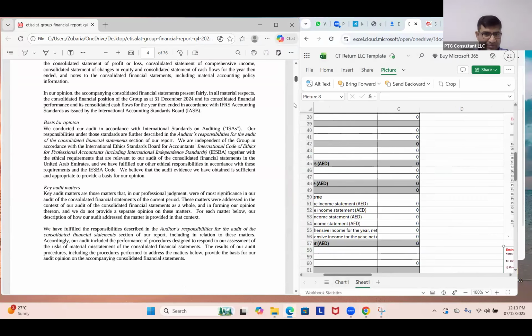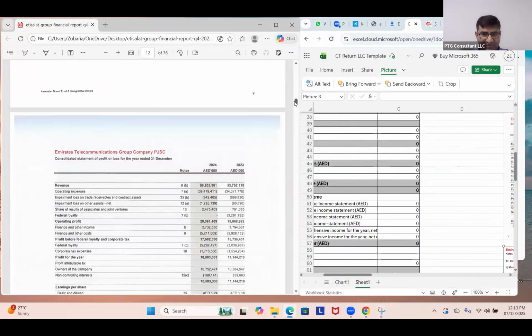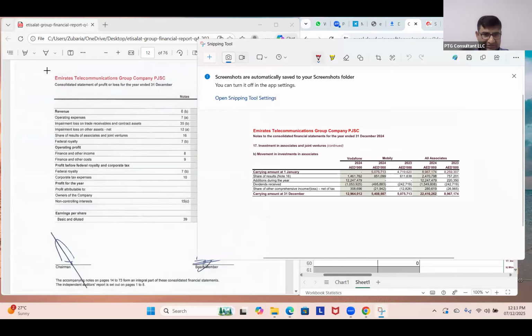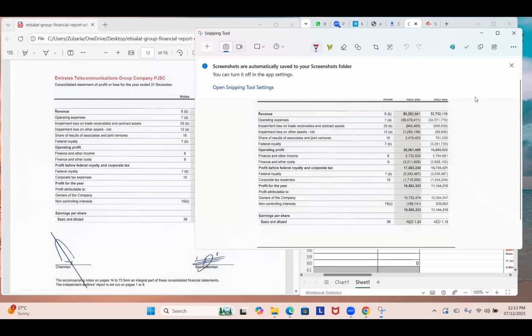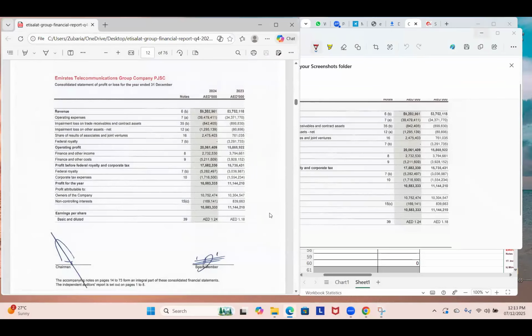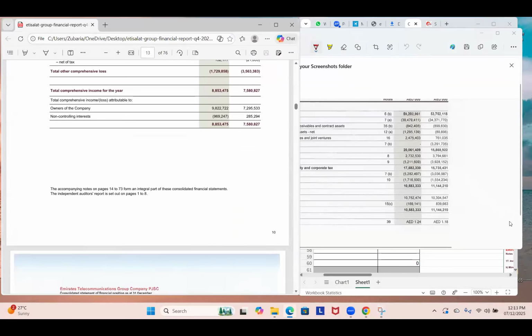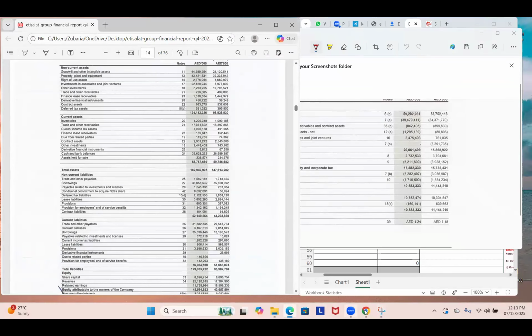Now you go back to note number 8, I think, from where we took the first dividend figures. I'll just take the P&L screenshot so it will be easy to move between the screens. Now the Excel one.